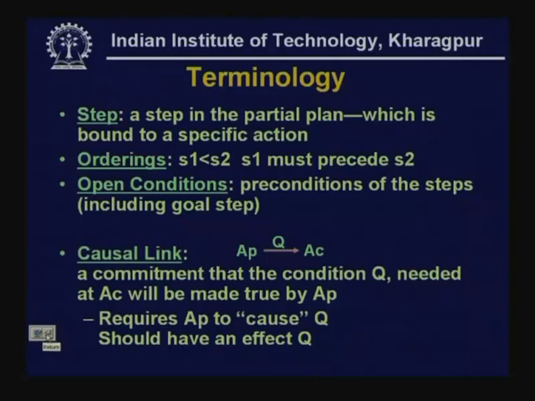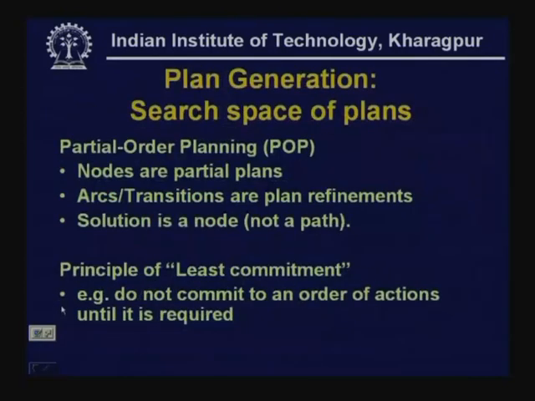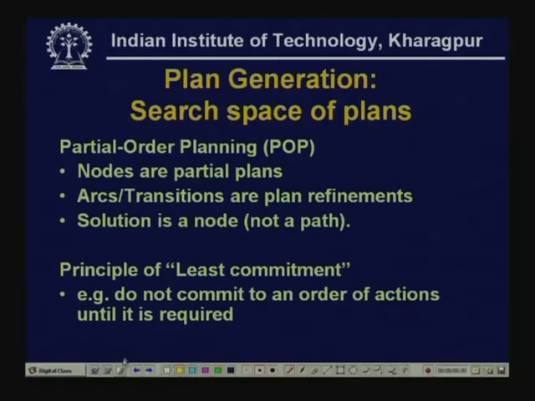Before we continue, remember the simple socks and shoes problem, putting on socks and putting on shoes, that we mentioned in the last class. Our objective is to put on the left sock, left shoe, right sock and right shoe.